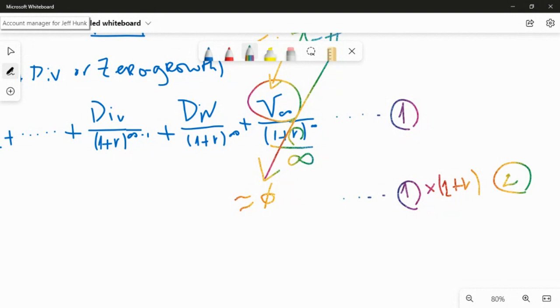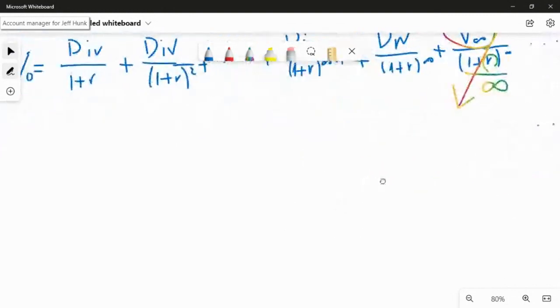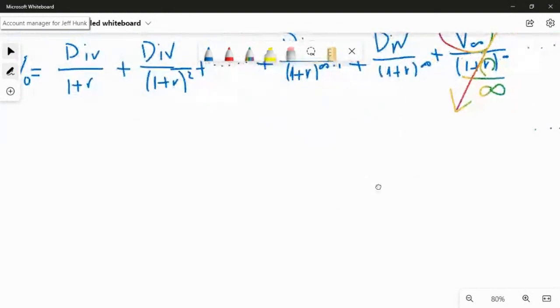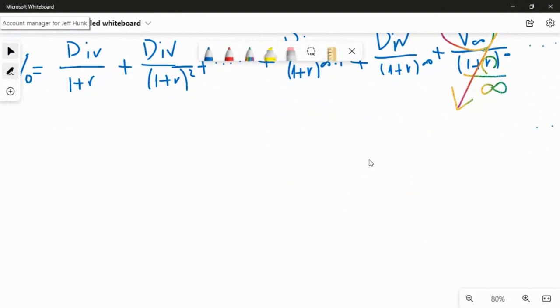This is equation 2. Now let's write out what equation 2 is. The left-hand side of the equation will look like 1 plus r times v0, right? And the first term in the right-hand side will be just the dividend.